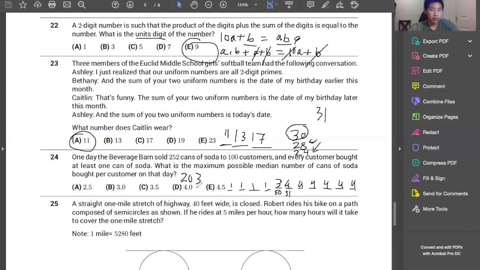And that would add up to 203. So the median is the average of these two people in the middle. So it's 3.5. So you can see with just one more can, the answer would have been 4. That's the answer to number 24.